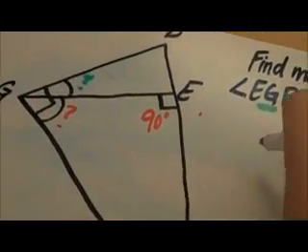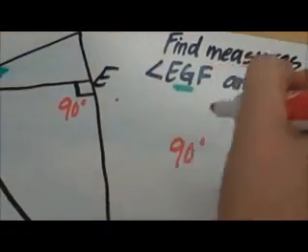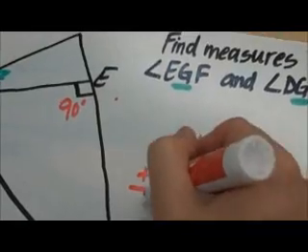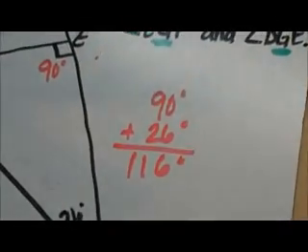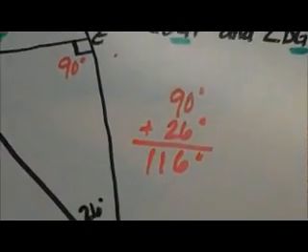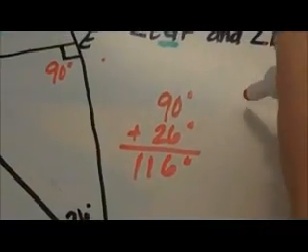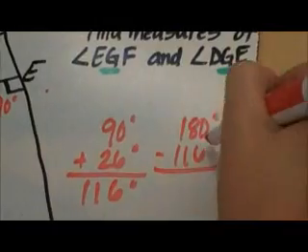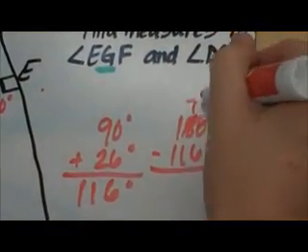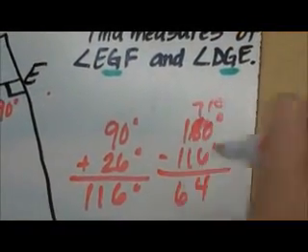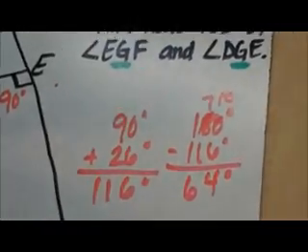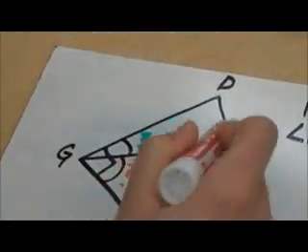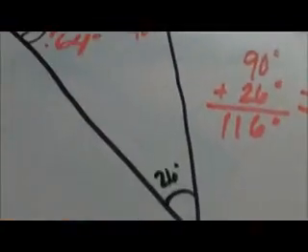We're going to add 90 degrees and 26 degrees together to get 116 degrees. Again, three measures of a triangle add up to 180. So I can take 116 from 180, and you should get 64 degrees.